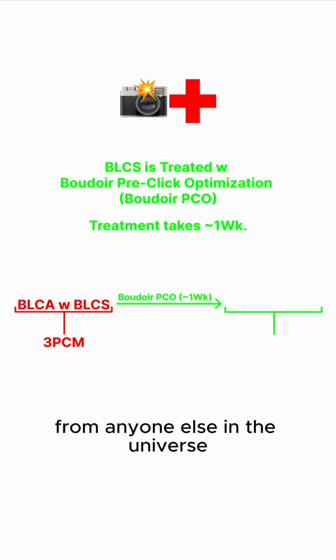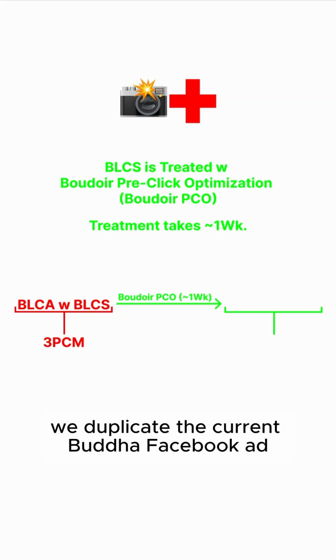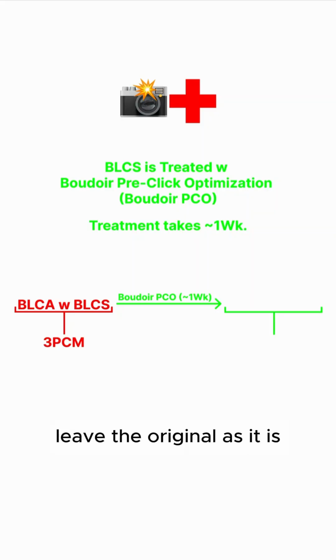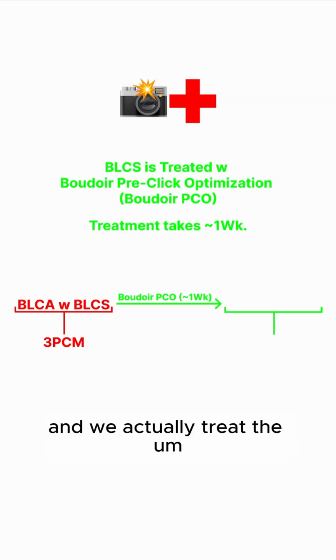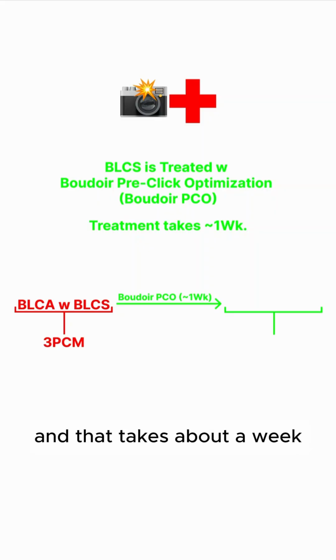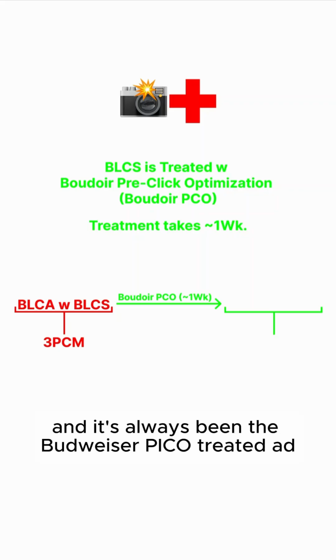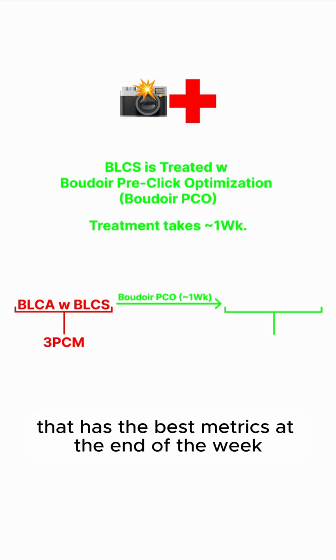You can't get this anywhere else from anyone else in the universe. What we do is we duplicate the current Boudoir Facebook ad, leave the original as it is, and treat the duplicated ad. That takes about a week, and then we keep running whichever one has the best metrics. And it's always been the Boudoir Pico treated ad that has the best metrics at the end of a week.